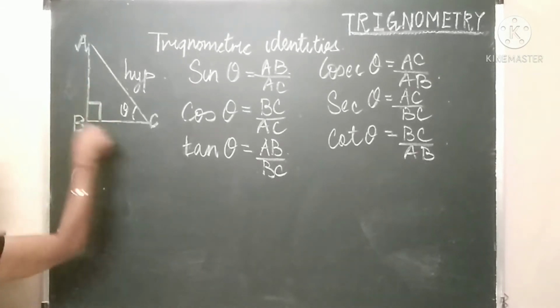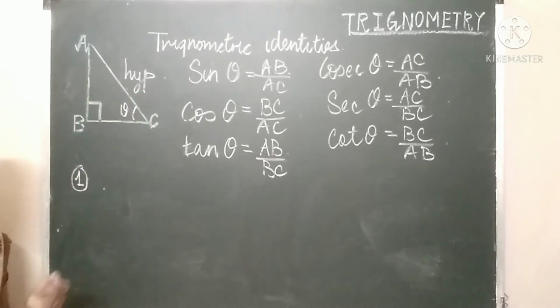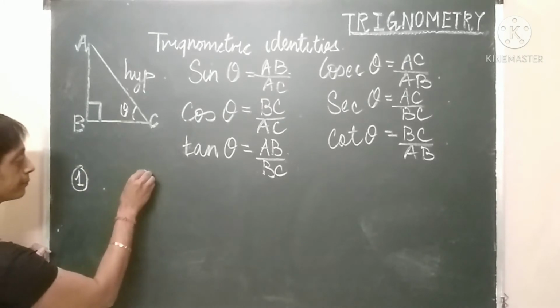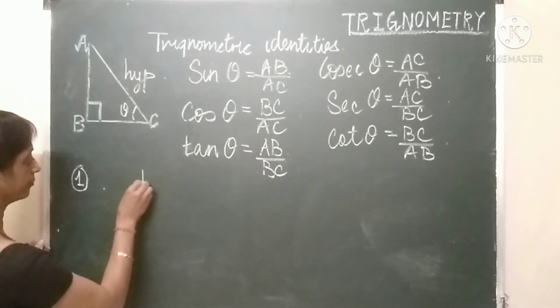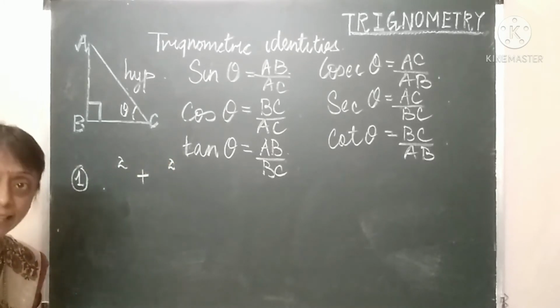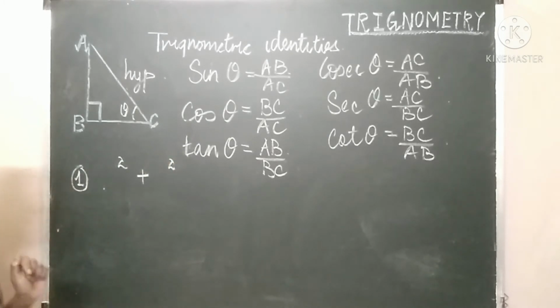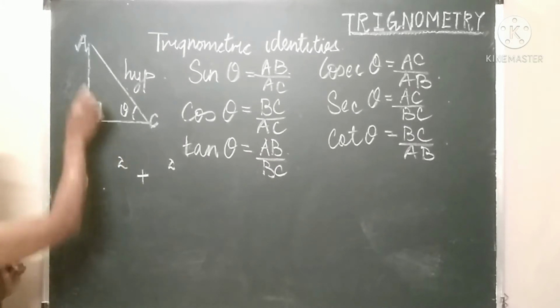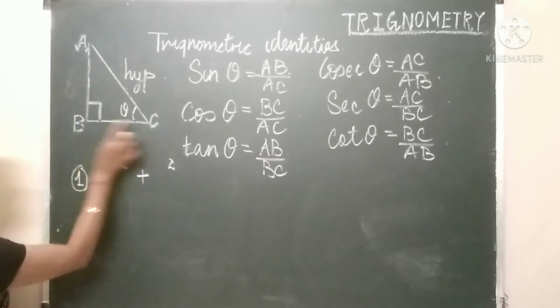Let's convert it with reference to the right angle triangle. The sum of the squares of the two sides making up that right angle. Which are the two sides making up the right angle? One is AB and one is BC.